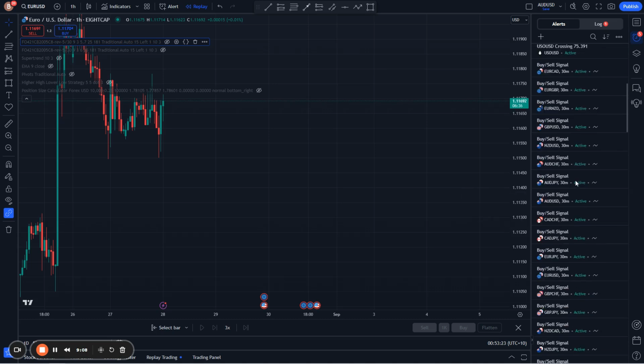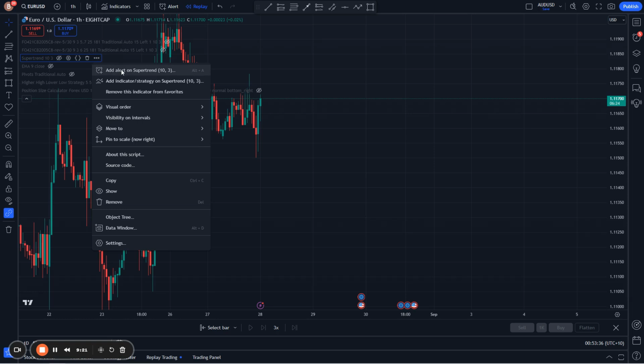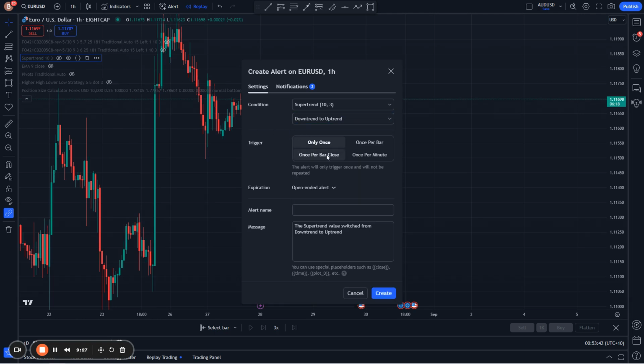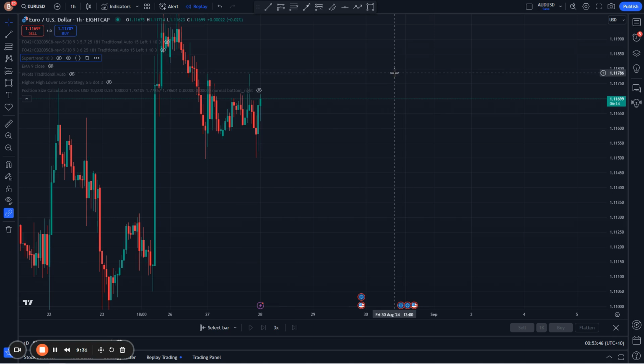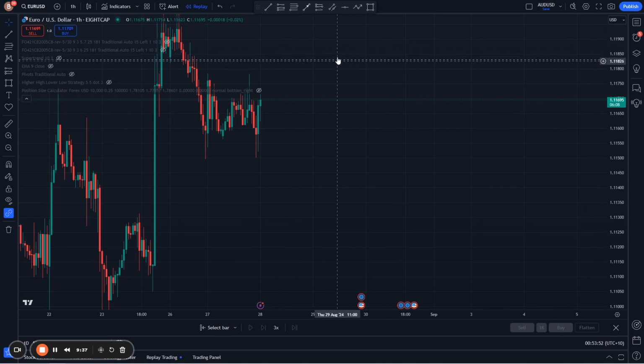Now that is fantastic for me because it means that I do not have to watch the charts really ever, because I have made an indicator do that. However, there might be some, for example, where you could press this button and add an alert on super trend and say, oh, well, I want you to alert me when a downtrend turns into an uptrend. Only once, or once per bar close, or anything like that. So those are technical alerts, and these ones here are going to be price alerts.